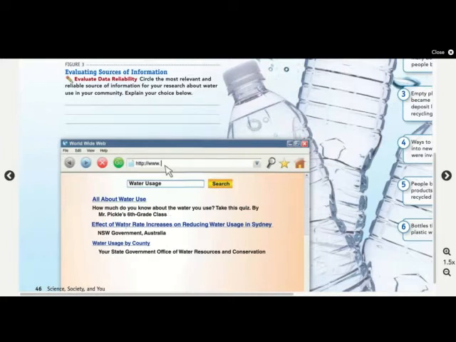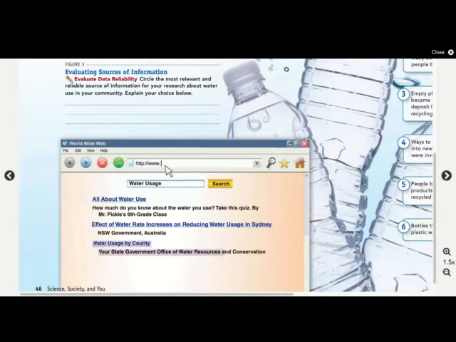Let's look at the second one. Now, this does say it's from the NSW government, but it's in Australia. Do we live in Australia? No, we sure don't. We live in the United States of America, so we don't really want the second one because we don't live in Australia, so who cares? So that means the last one, let's look at it.